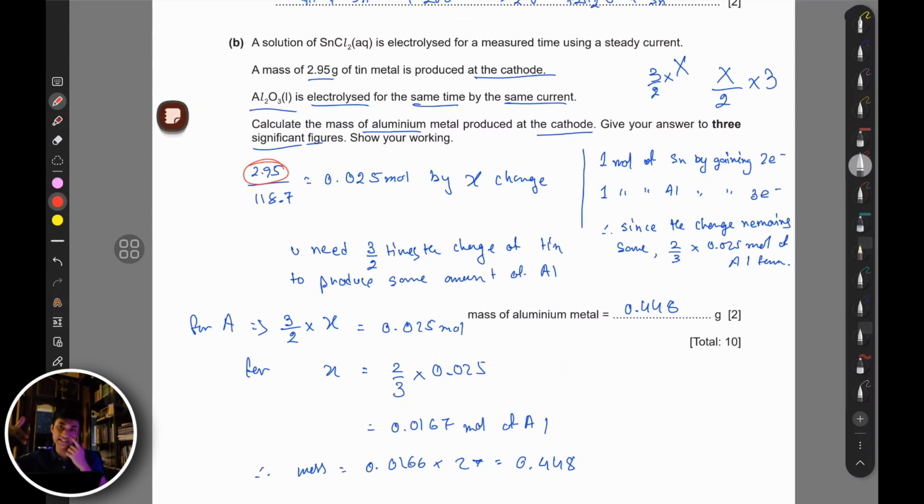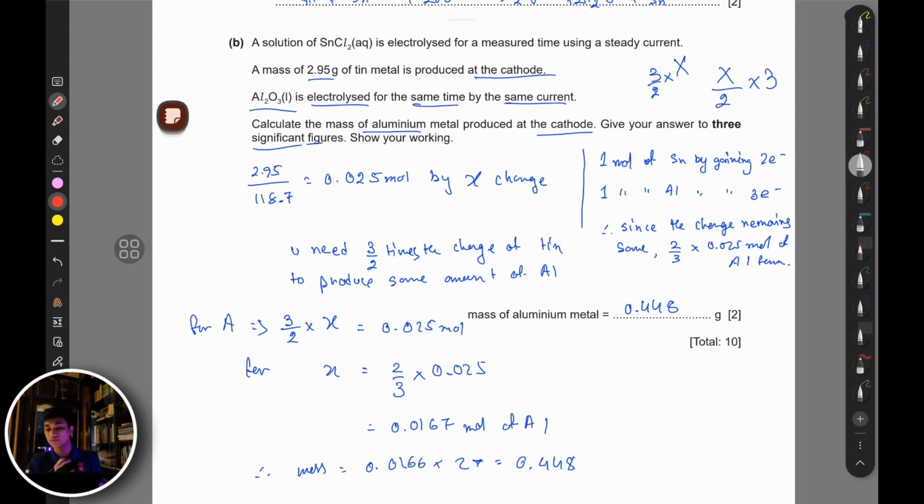Therefore, we can find out the moles of tin produced by dividing the mass produced by molar mass. So we have our moles. Good. So now you know for X amount of charge, 0.025 moles of tin is produced. Great. So how do we relate this with aluminum?